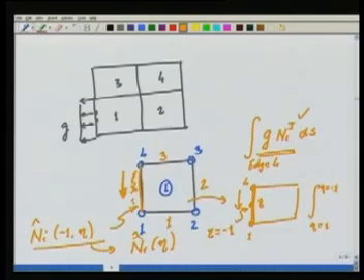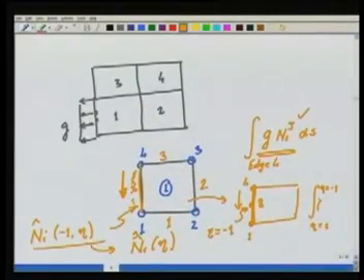If I integrate from minus 1 to plus 1, ds will actually be minus d eta. So this integral of g as a function of eta on this edge, times the Jacobian for this edge, d eta.